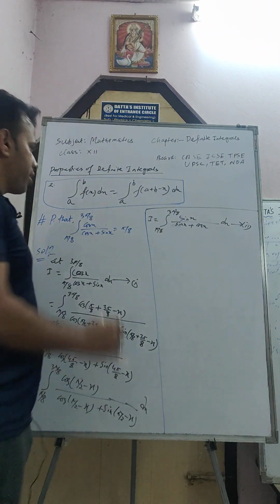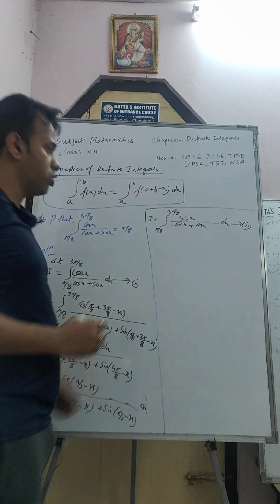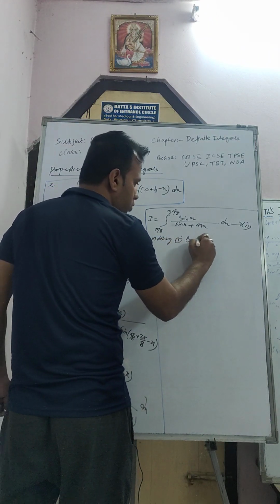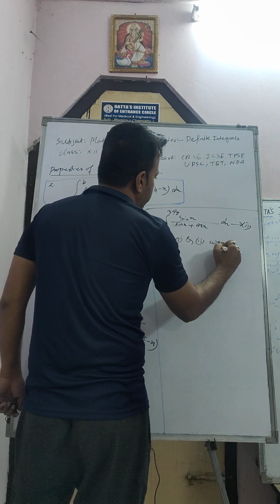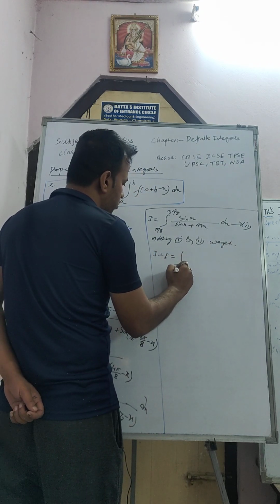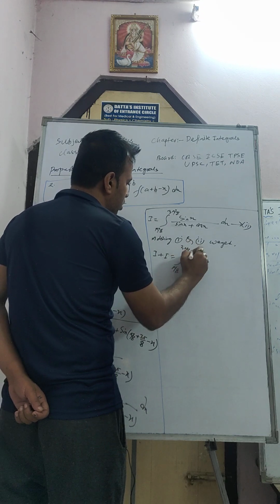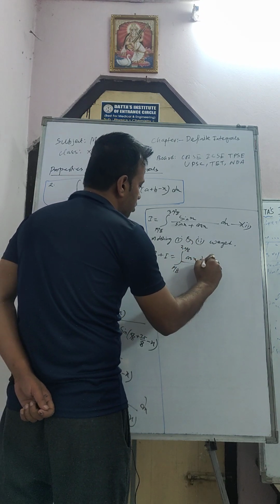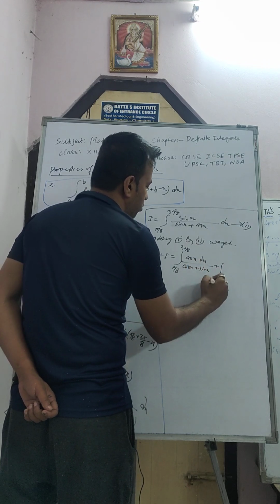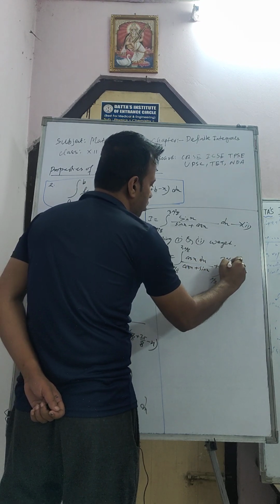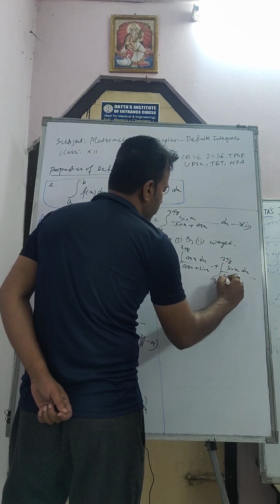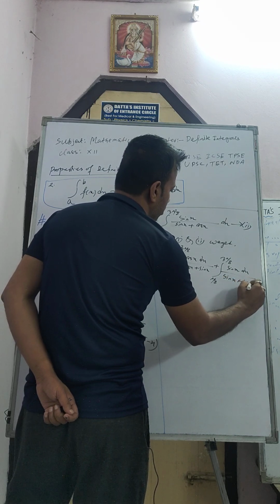Now adding equation 1 and equation 2, we get I plus I equals the integral from pi by 8 to 3 pi by 8 of cos x dx by (cos x plus sin x), and also the integral from pi by 8 to 3 pi by 8 of sin x dx by (sin x plus cos x).